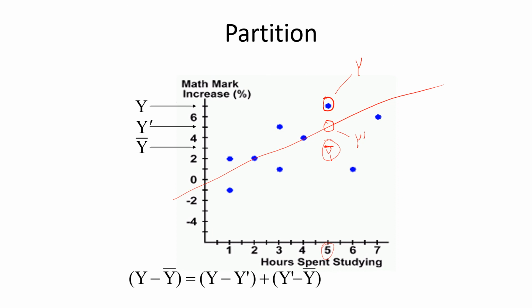But for every single y point, for every single blue dot you see here, there's going to be a y value, a y predicted value, and a mean. You can see here on this one, it's pretty much on the line, so the y value and the y predicted value might be the same. But even then, the mean is up here a little bit, so it's above it a little bit. So at no point here are all 3 the same. You're going to have variability throughout.